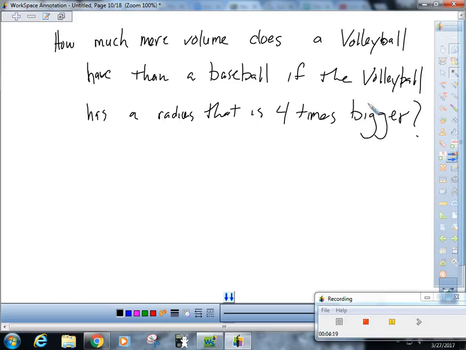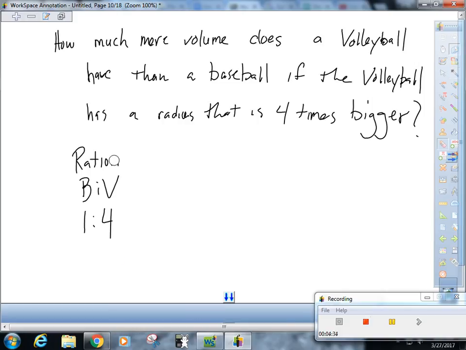Sorry that I'm writing all this out, being lazy. Okay, so look, the ratio between a baseball to a volleyball is 1:4. Okay? So, I'll just write out the work.